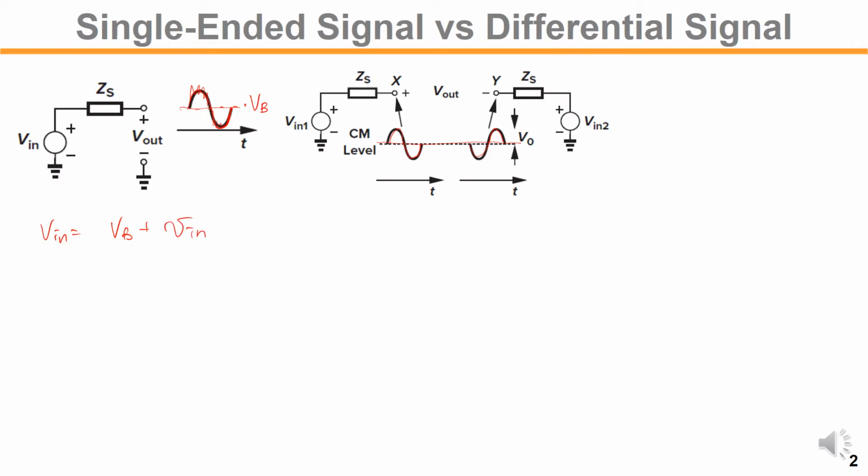But for the differential signaling, we have Vp and Vn, and they share the common mode level plus a differential signal. Half of Vin is applied on the positive side and half of the input is applied on the negative side.